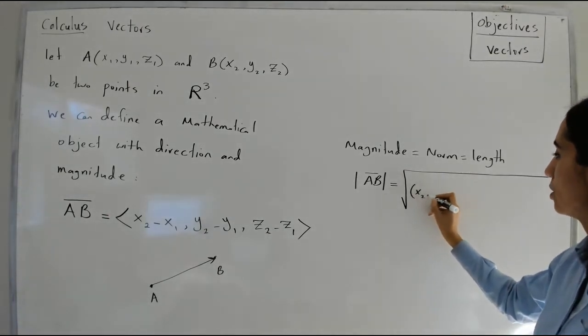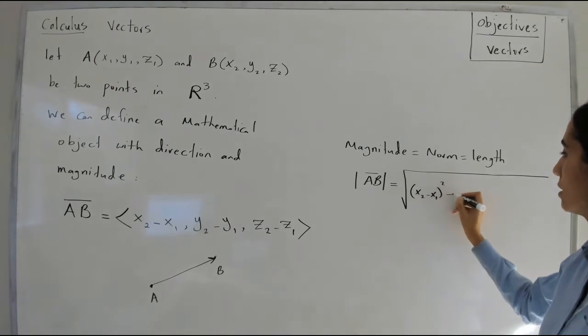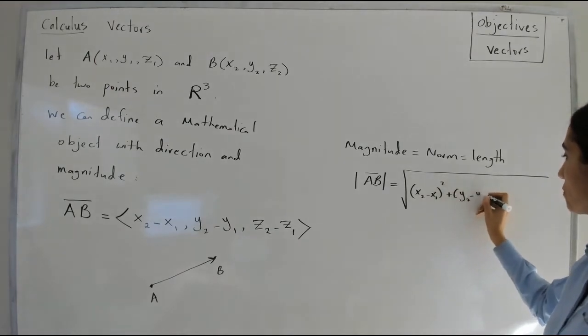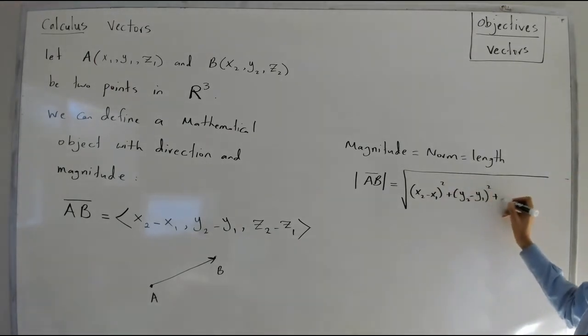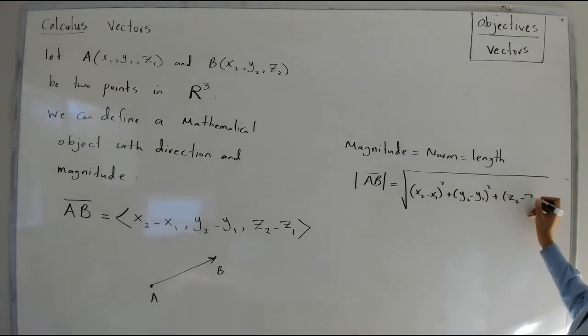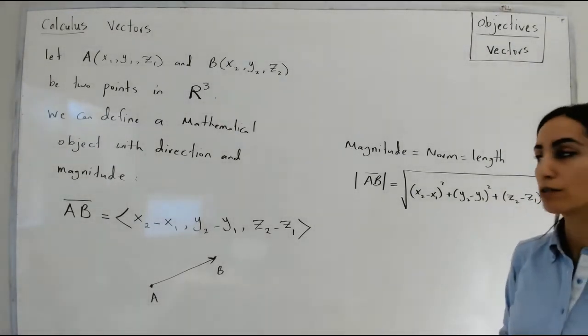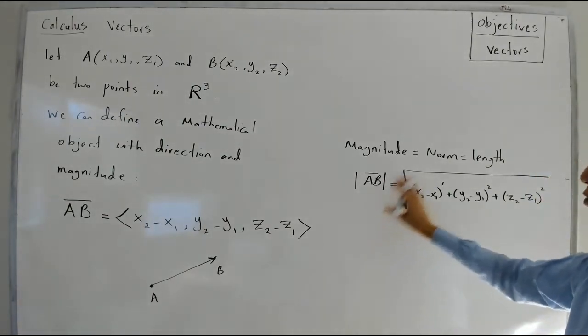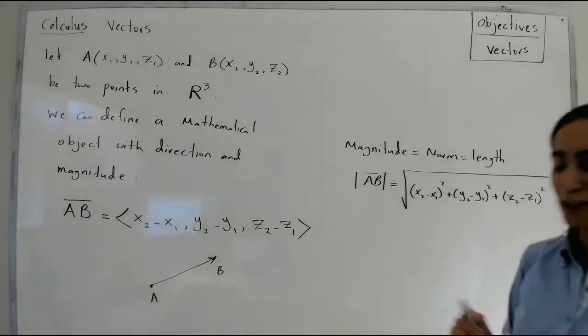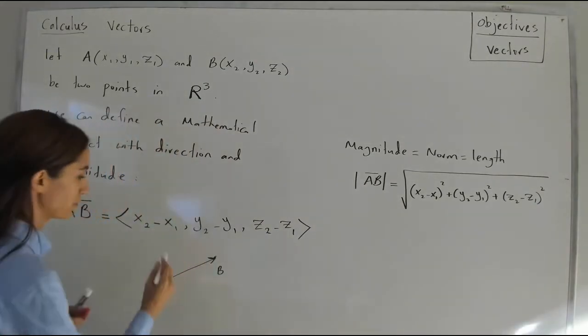So x2 minus x1 squared plus y2 minus y1 squared plus z2 minus z1 squared. As you can see here, we have square root, and this is the magnitude or norm or length of this vector.